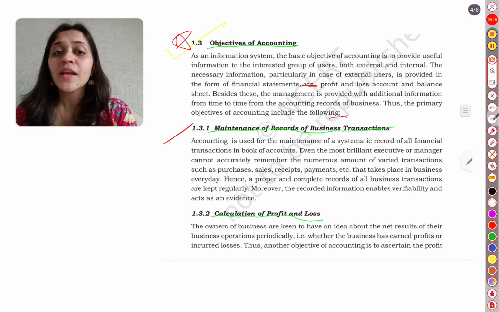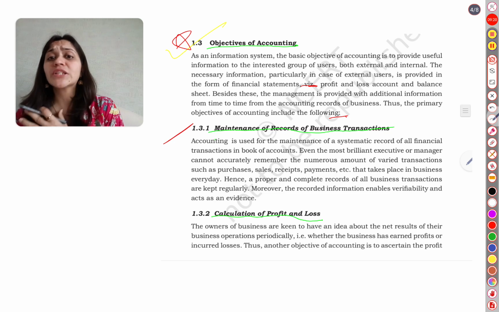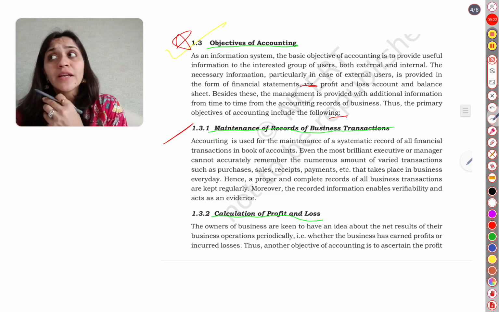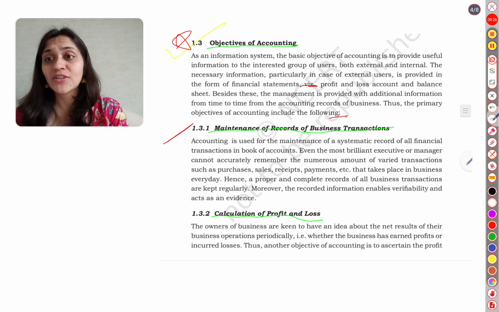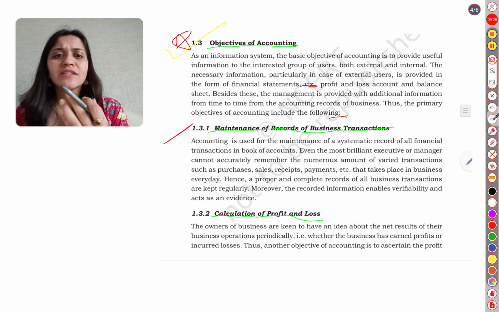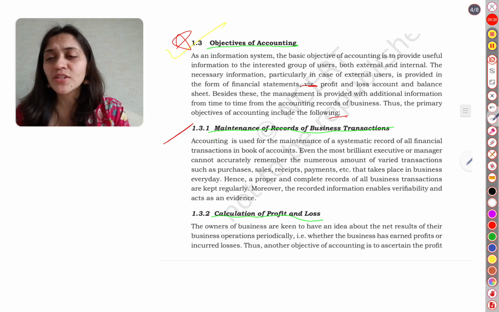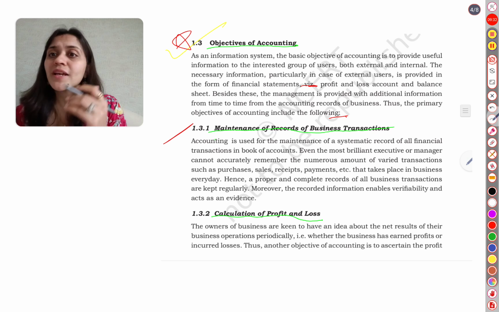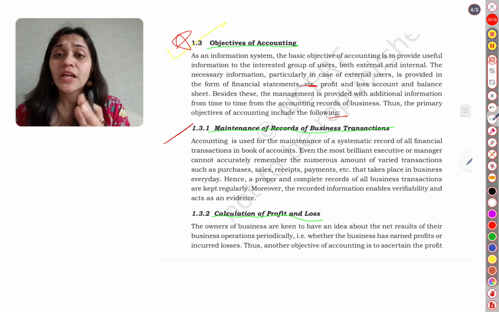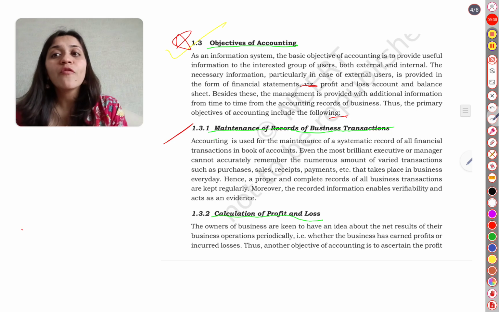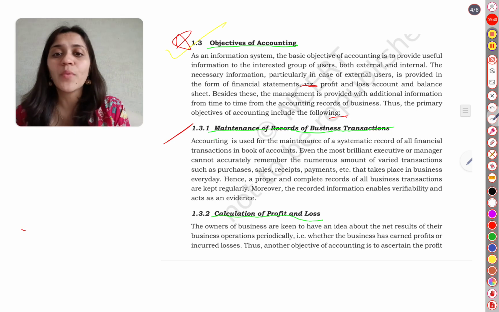Why is it needed? Even the most brilliant executive or management cannot remember the accurate number of transactions such as purchase, sale, receipt, payment. There are so many transactions that he cannot remember them without writing them down, however big an executive he may be. So that's why maintaining books of account is very important.